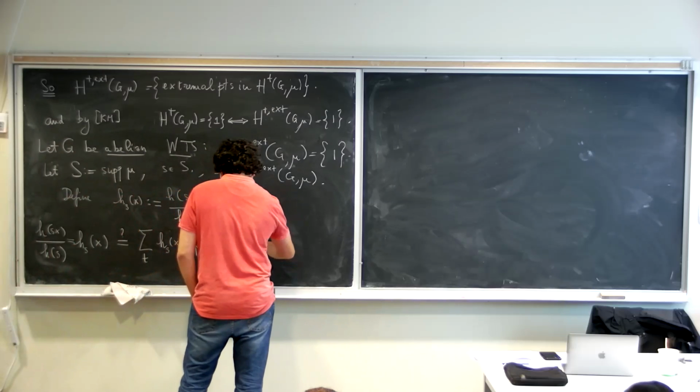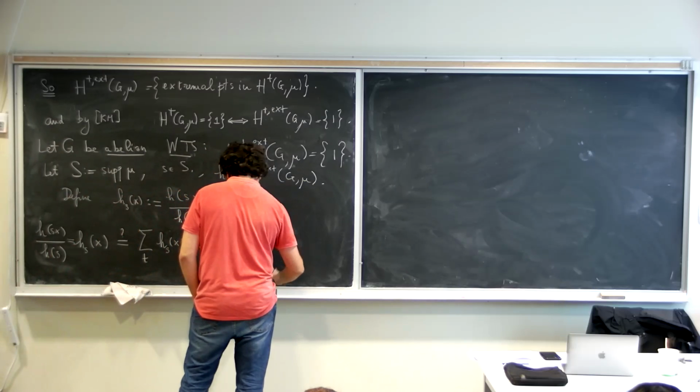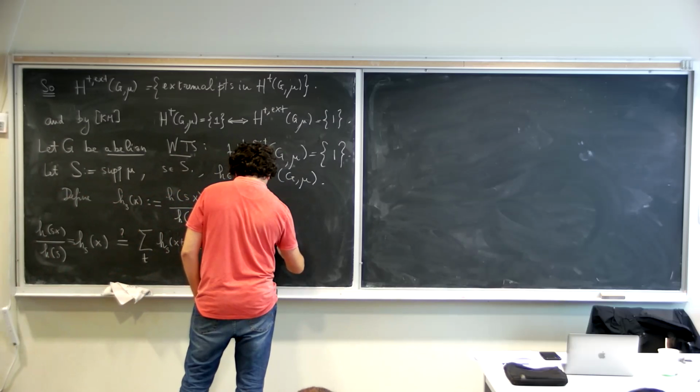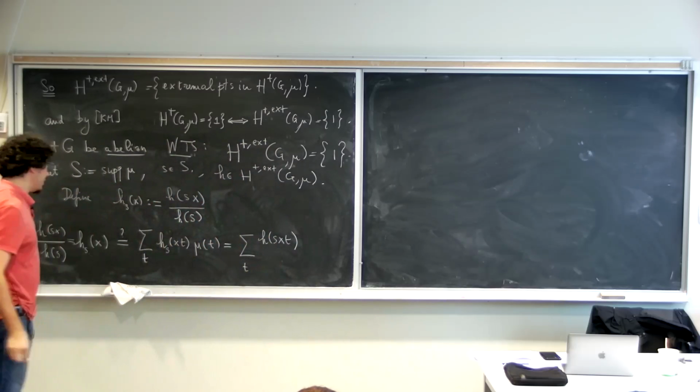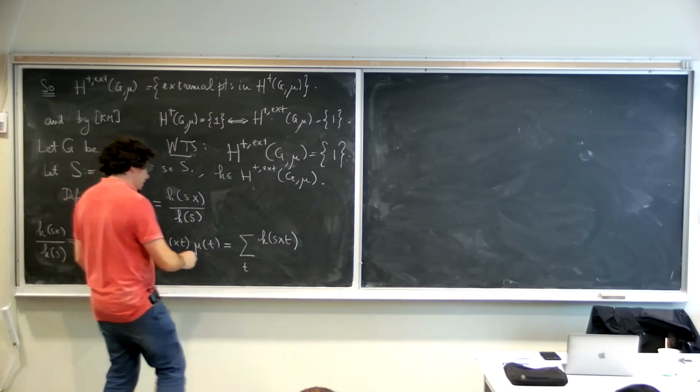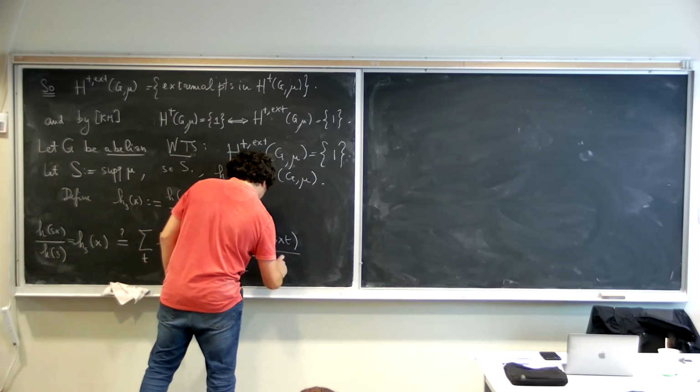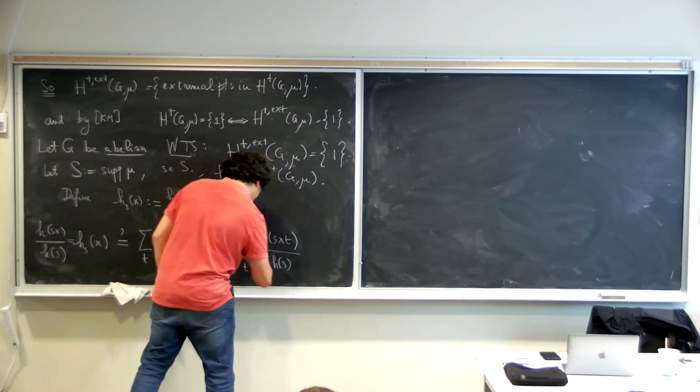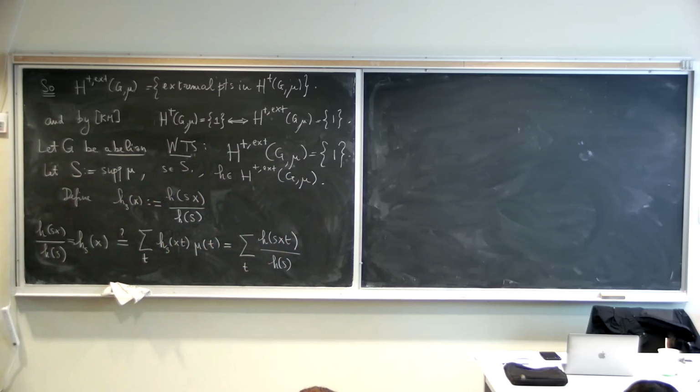So this is the sum over T of H of SXt, as we're multiplying, a priori we're multiplying on the left, divided by H of S times mu t.